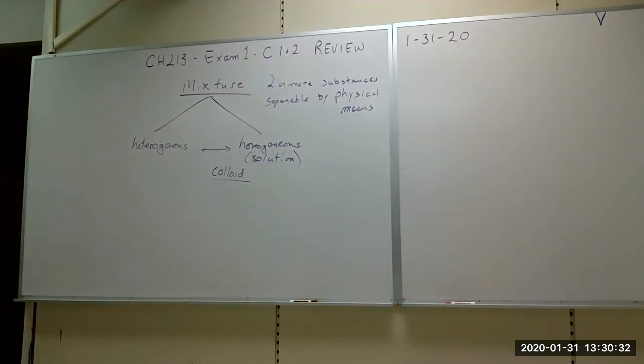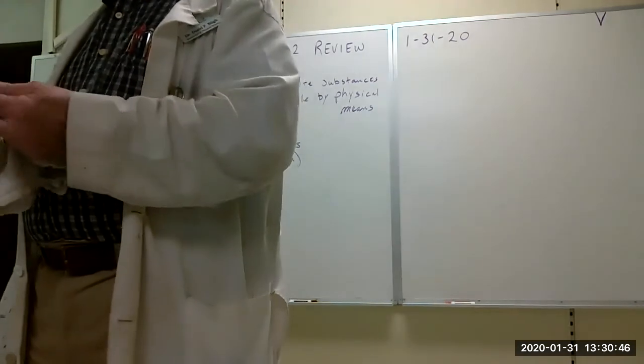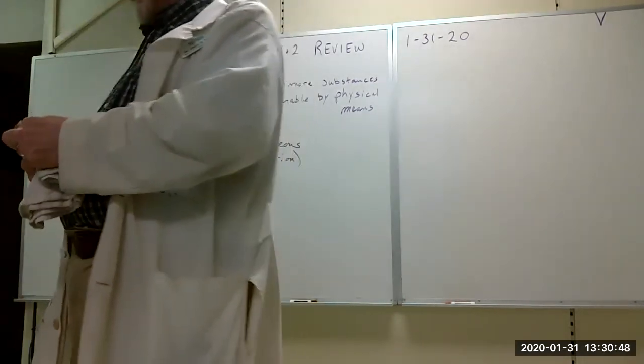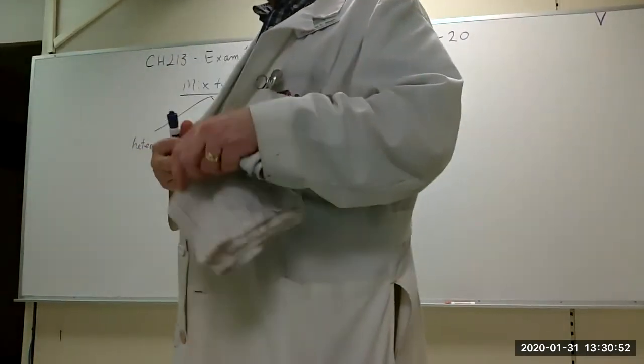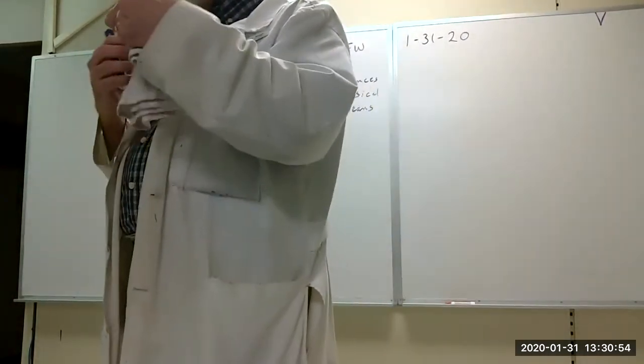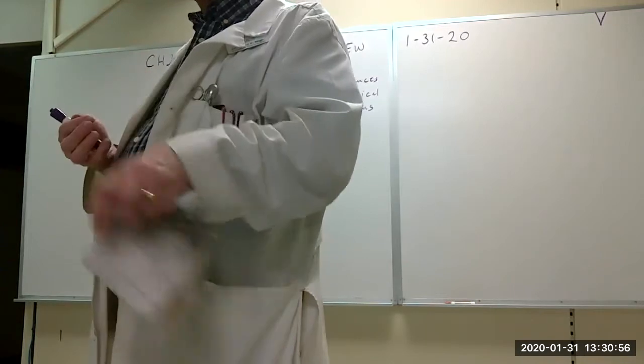Let's see, did I say any more about that? We talked about the difference between a chemical and physical change. I like to keep things real simple. In a physical change, there are no bonds broken in molecules.